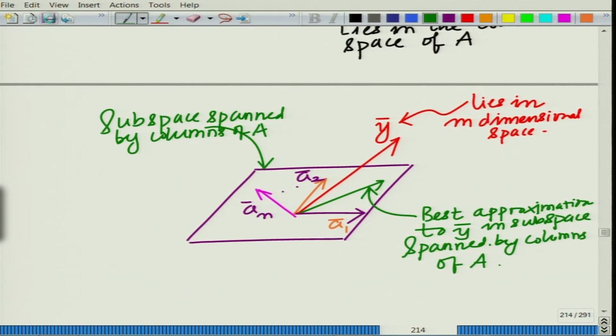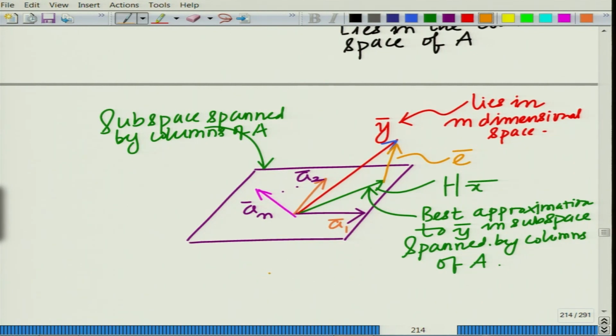This is the best approximation, essentially your Hx bar, and the difference between these is what we are calling the error.